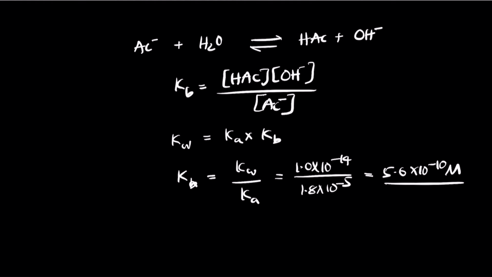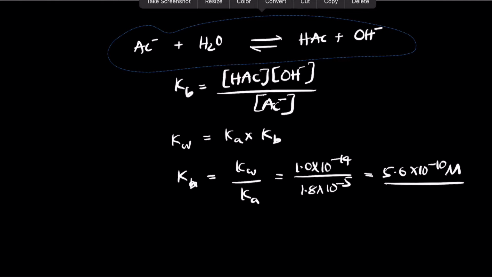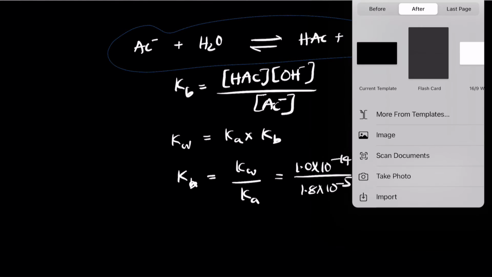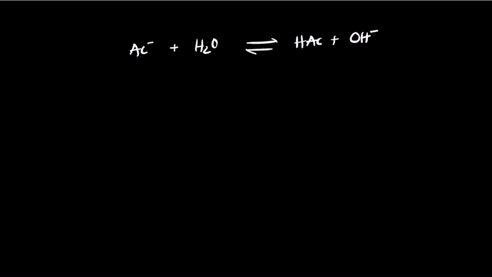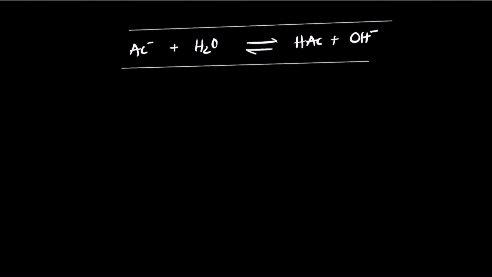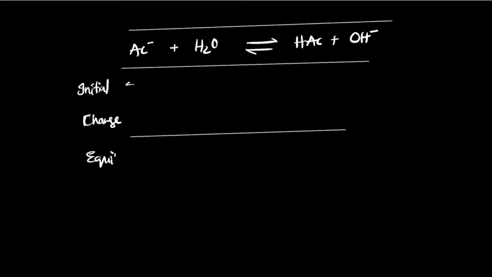Now let's take this equation and write down the reaction table. So this is the equation that we have. Now let's write down the reaction table for this. We have initial, change, and equilibrium.